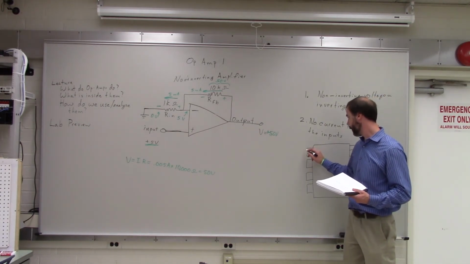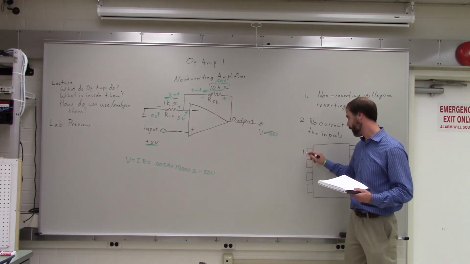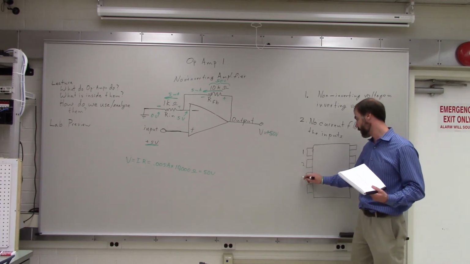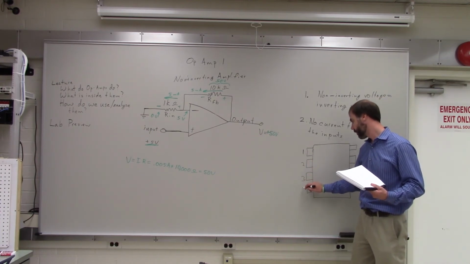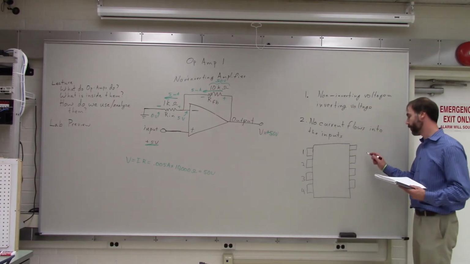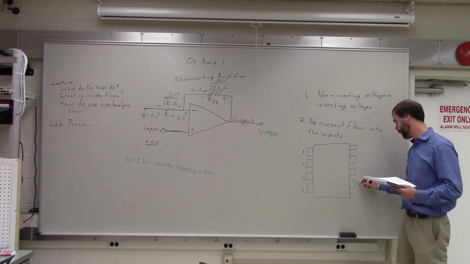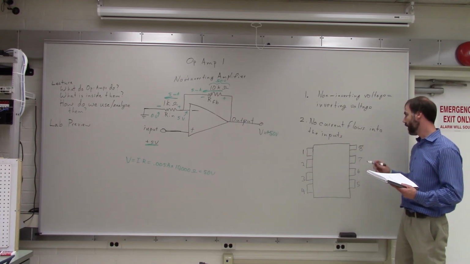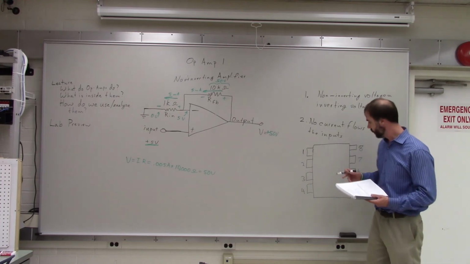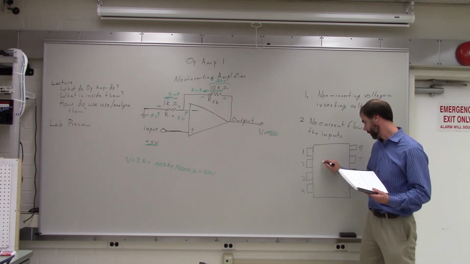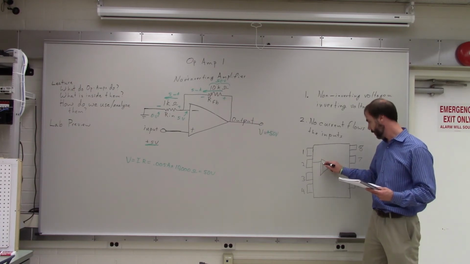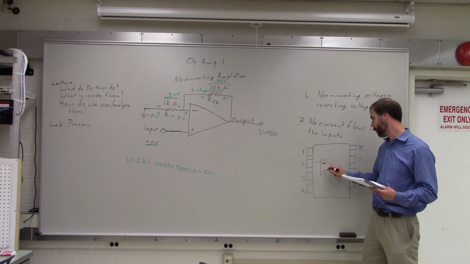So the terminals are labeled in the same way that all chips are. Terminal number 1 is the top left, and then the numbers count down the left-hand side, and then they wrap around in sort of a U shape, and they continue up on the right-hand side. Okay. So really, what's happening is that the op-amp is laid out sort of like this. Terminal 2 is the negative inverting input.